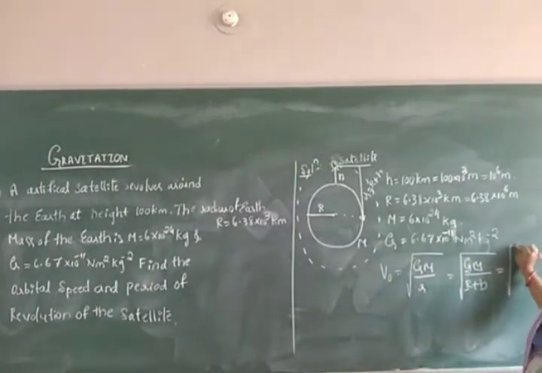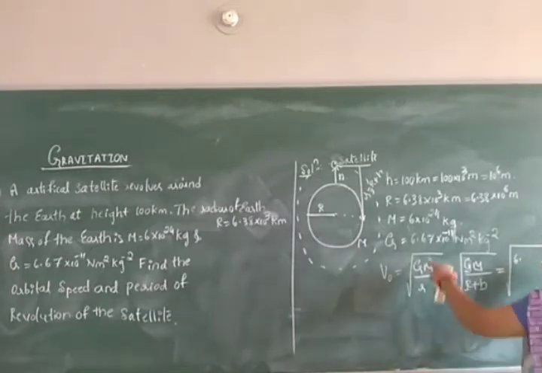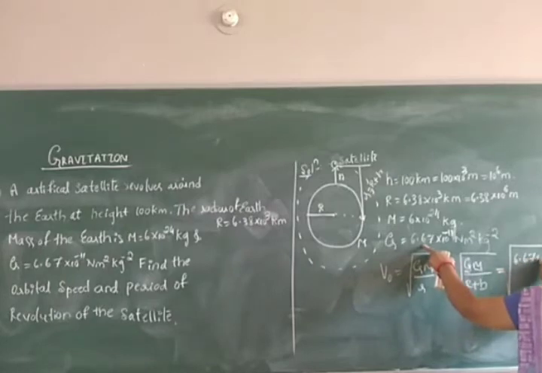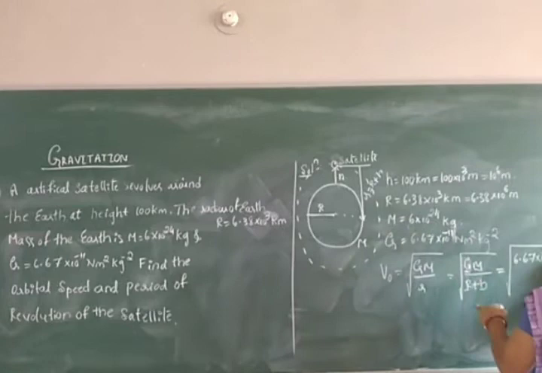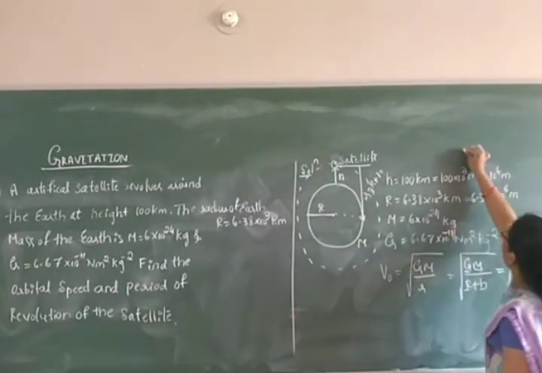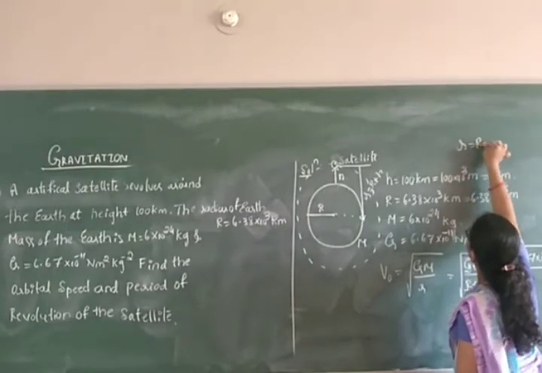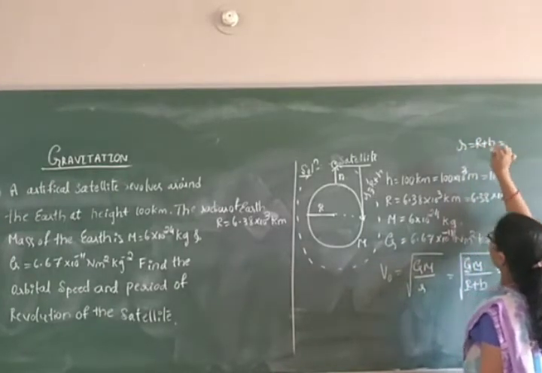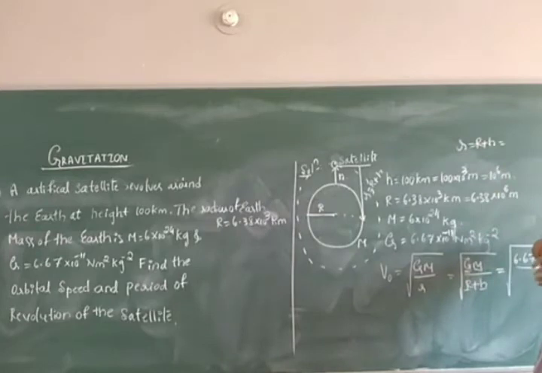What do we have? Root of G, where G is 6.67 into 10 to the power minus 11, M is the mass of the earth, 6 into 10 to the power 24, divided by capital R plus H. Small r is equal to R plus H, because the satellite is at a certain height above the surface of the earth, moving in a circular path around the earth.